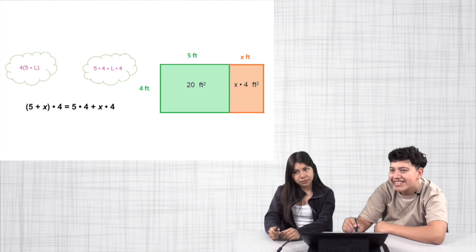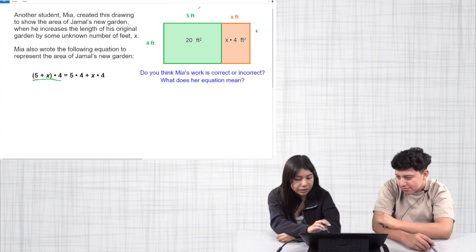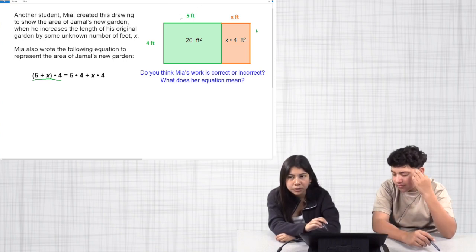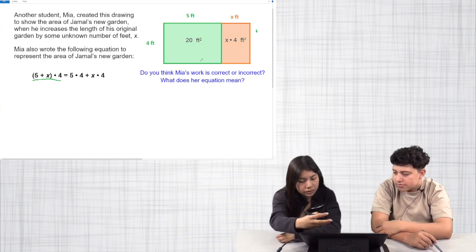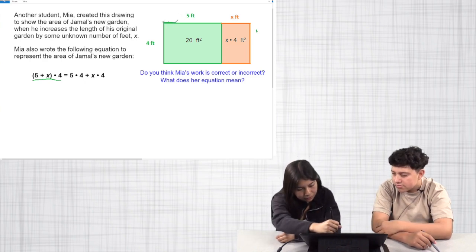To explain the meaning of Mia's equation as a whole, they will start with 4 times the quantity 5 plus x. The 5 is here. And what is that? It's the length of the old garden. Can you show me with your pen? It's the one that we know.